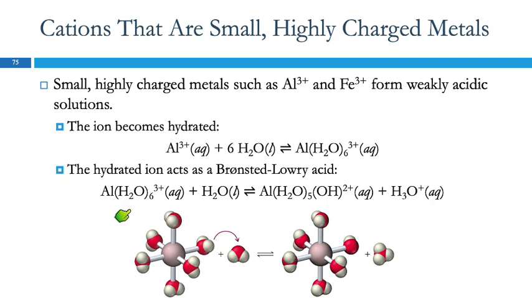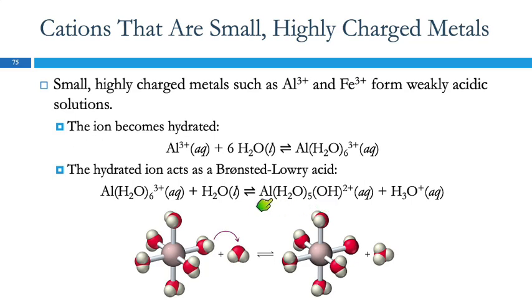But this hydrated ion can act as a Bronsted-Lowry acid. So a Bronsted-Lowry acid is going to donate a proton to the base. And this looks all weird, doesn't it?